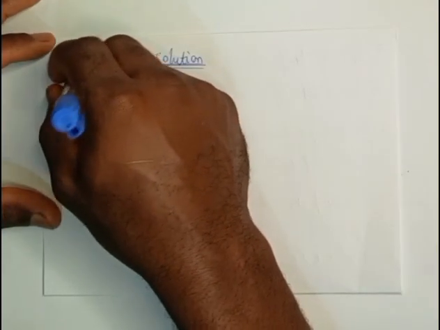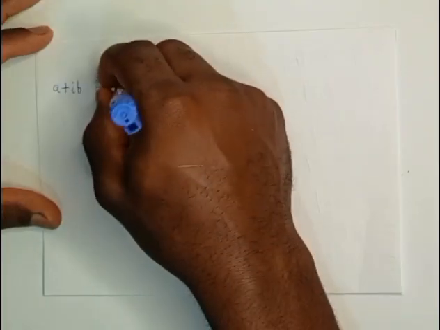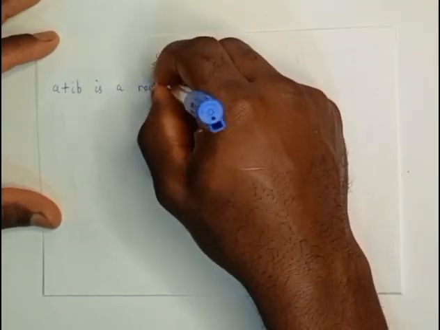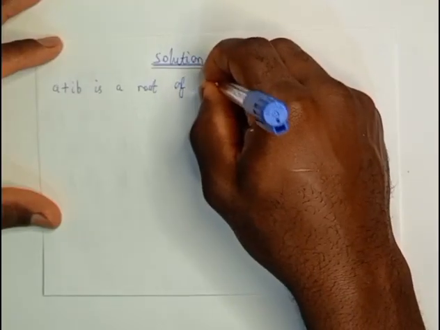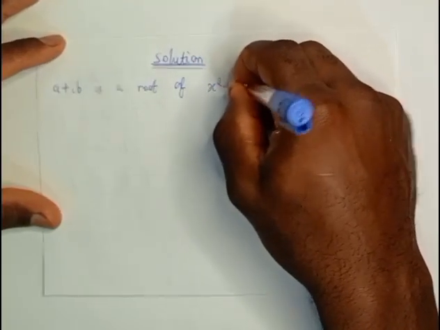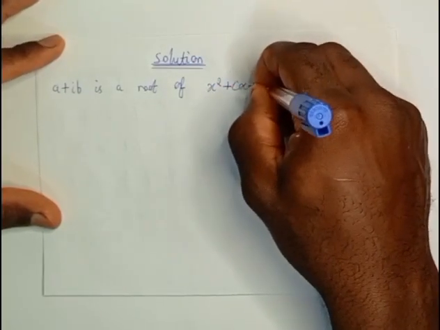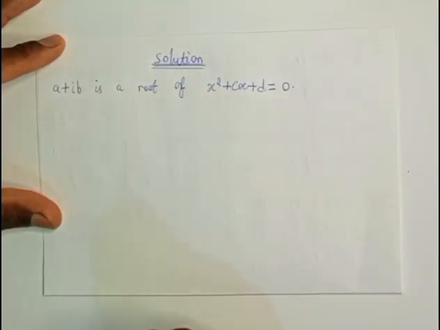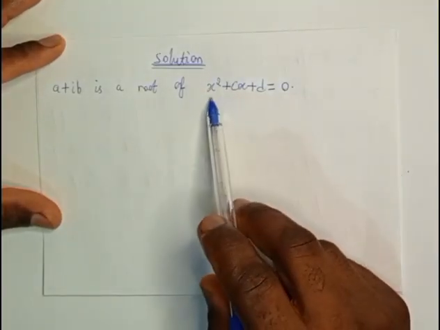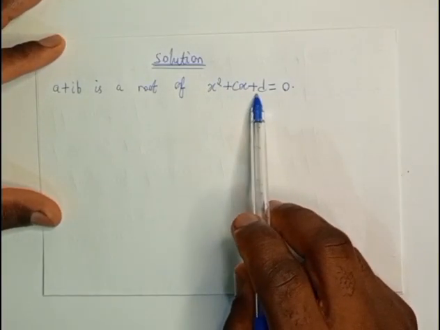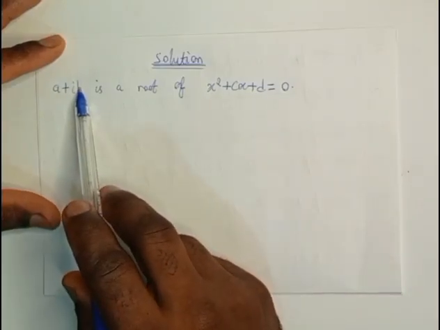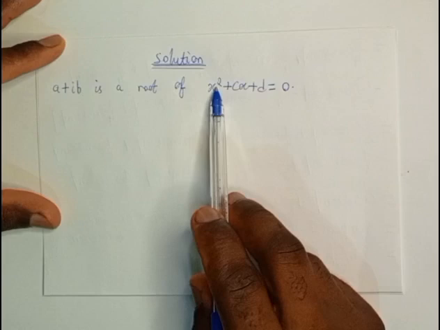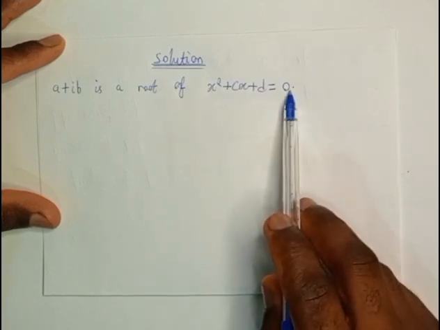A plus ib is a root of the quadratic equation x squared plus cx plus d equal to 0. It simply means in our quadratic equation, if we replace x with a plus ib and we simplify, it will be equal to 0.